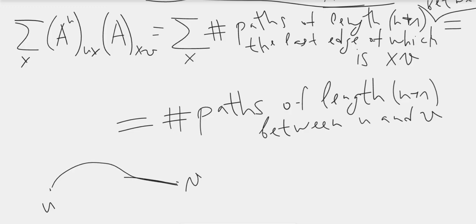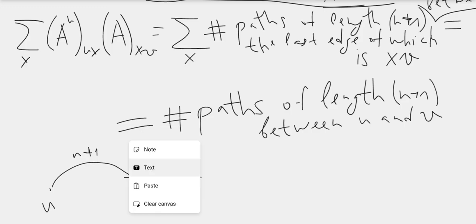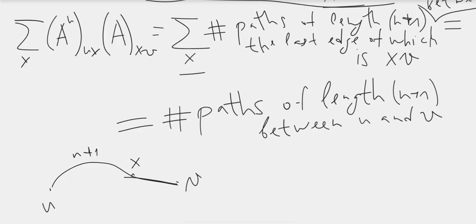The previous vertex before v on this path, which we denoted by x, is included in this sum for this x, right?